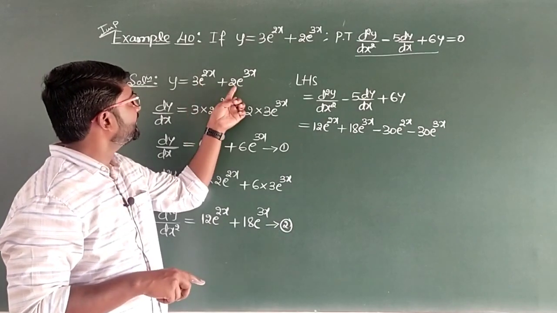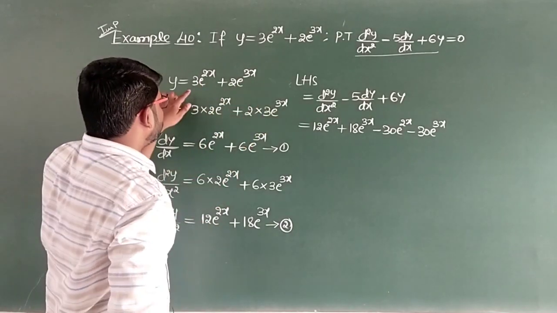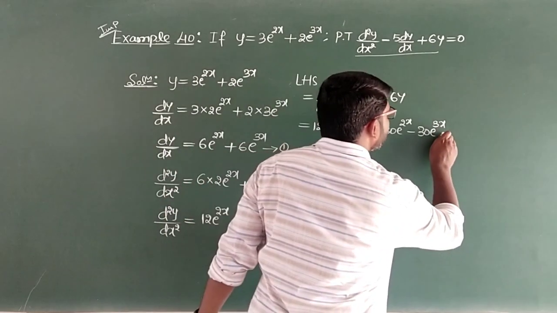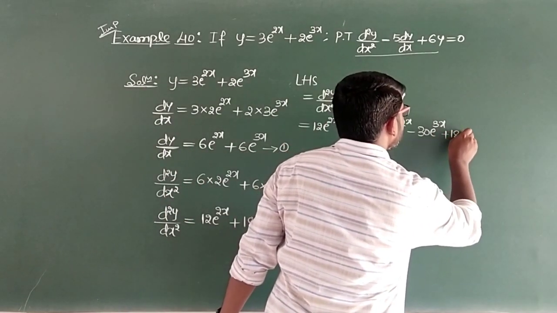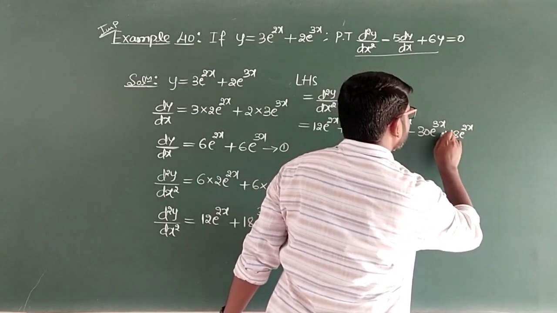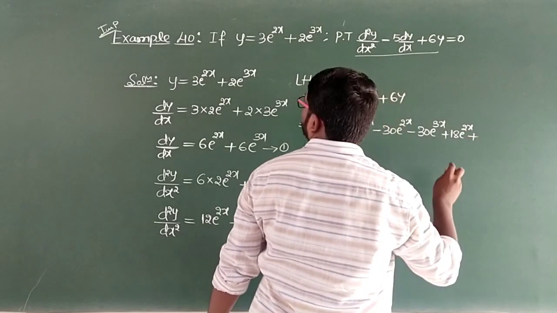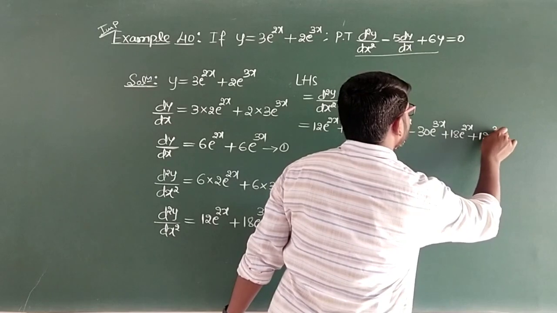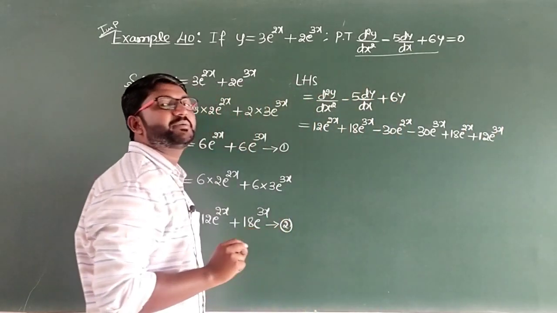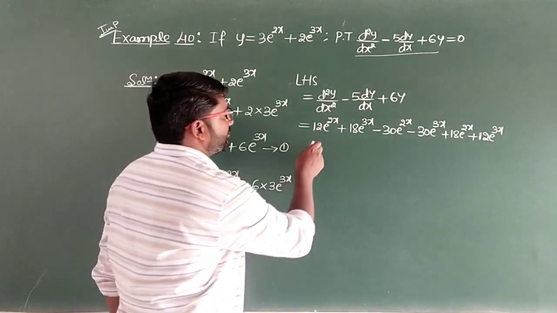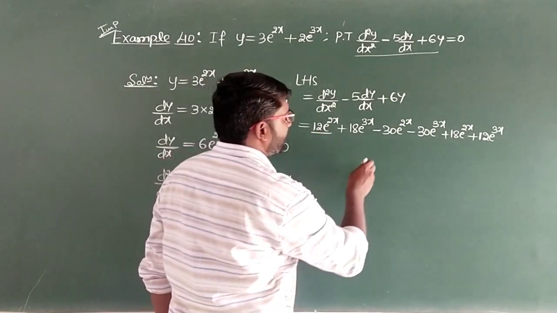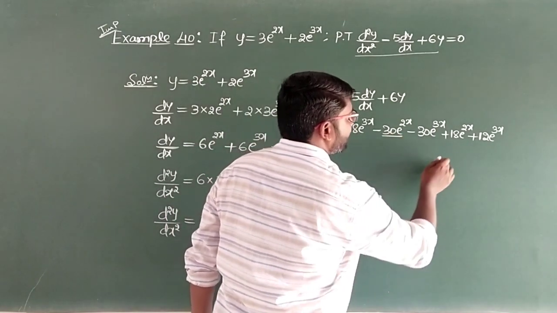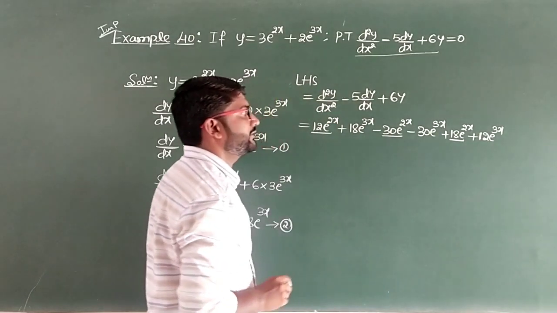For both the terms, multiply by 6 and write it here. 6 into 3, it is 18 e power 2x, then plus 12 e power 3x. Now search for the like terms here. So 12 e to the power 2x and minus 30 e to the power 2x and plus 18 e to the power 2x.